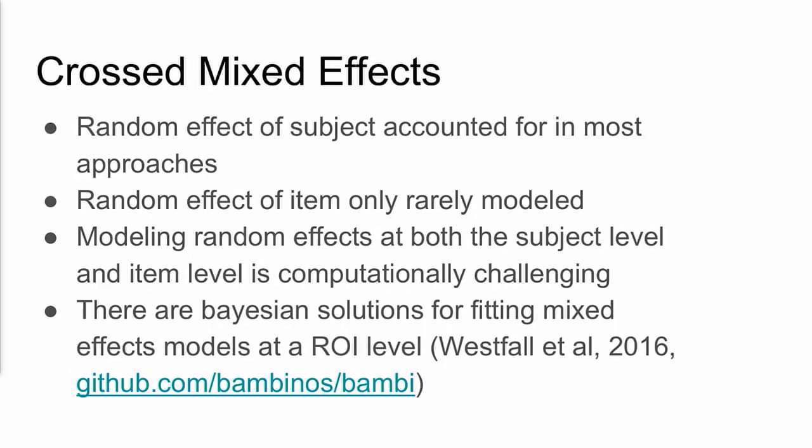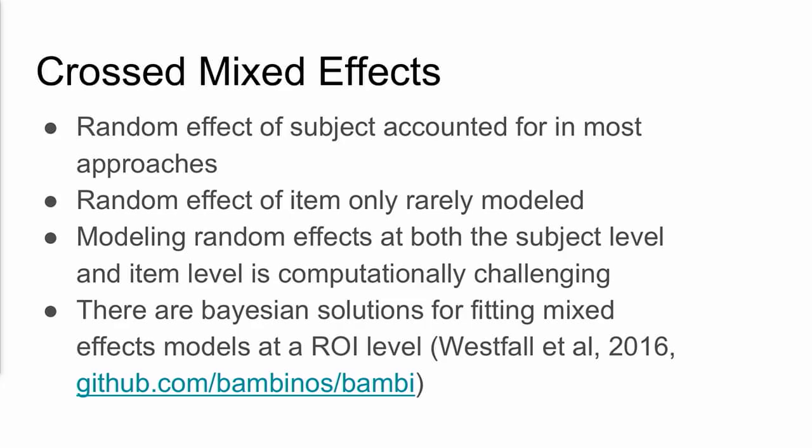And so this gets you to the realm of crossed mixed effects. You've got the random effect of the subject that is already accounted for in most approaches, as well as a random effect of item that is really only very rarely modeled. And modeling the random effects at these two levels simultaneously is computationally challenging.